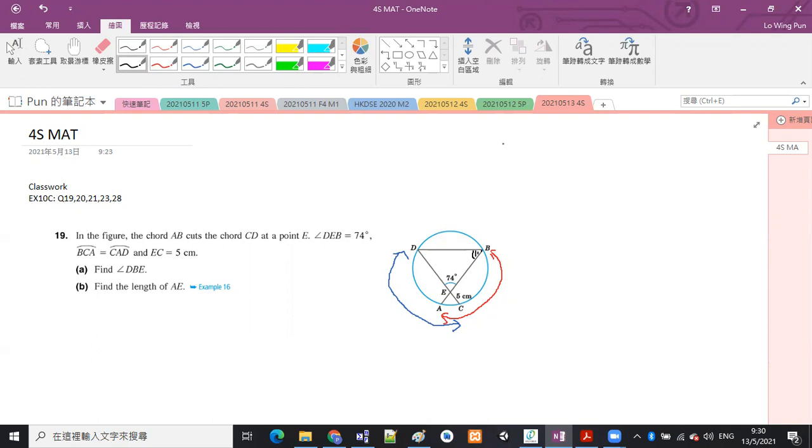First, we have equal arcs here, but the angles looking at these equal arcs are not drawn yet. Okay, but we want to find this black angle, this angle DBE. DBE is DBA, right? This angle is looking at arc DA.